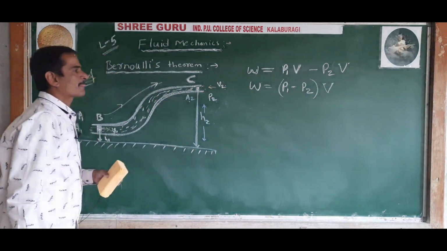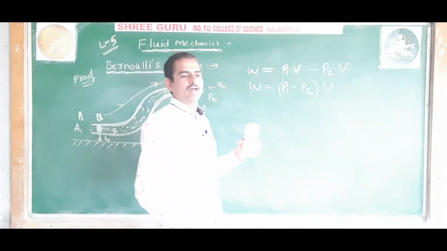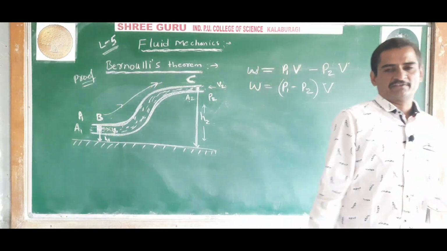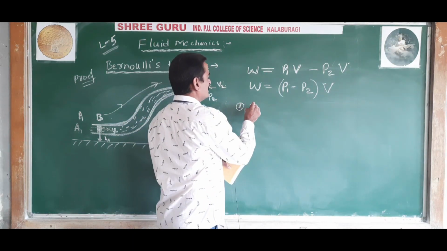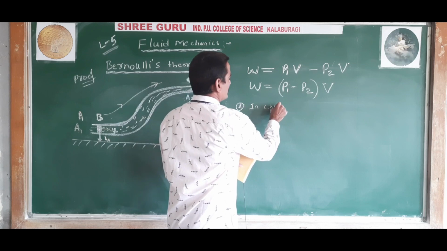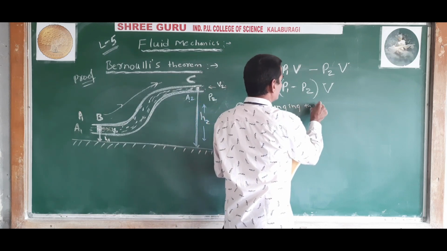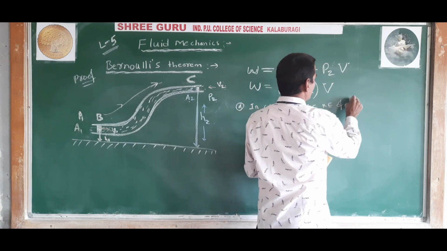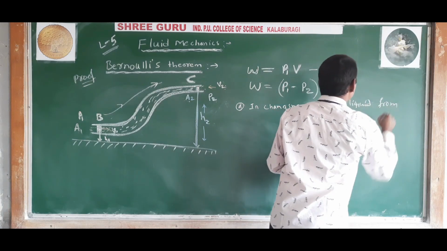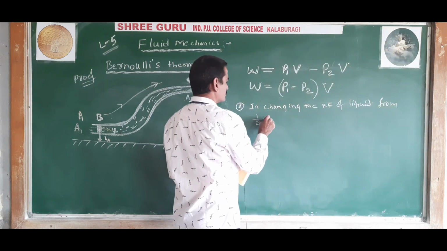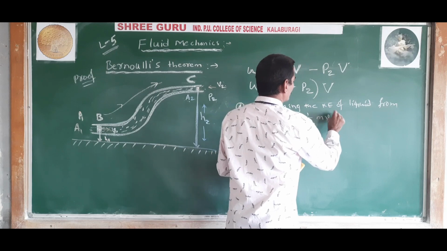Okay. So now this work done is used by the liquid in two ways. First one, in changing the kinetic energy of the liquid from 1/2 m v1 square to 1/2 m v2 square.